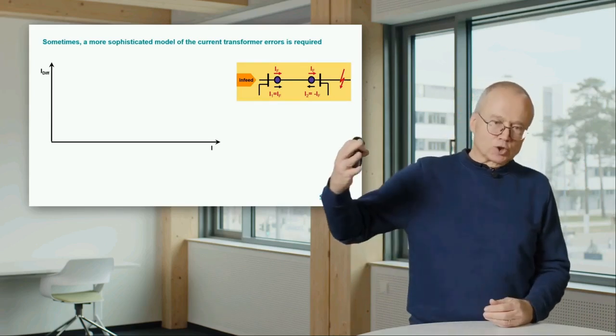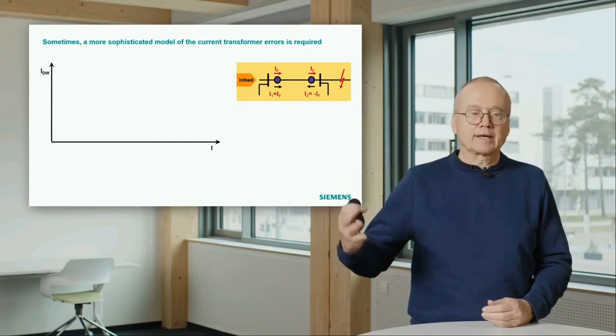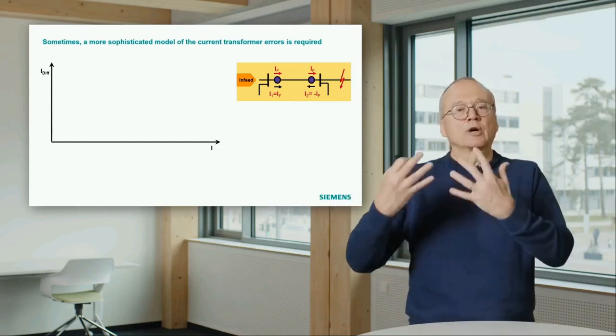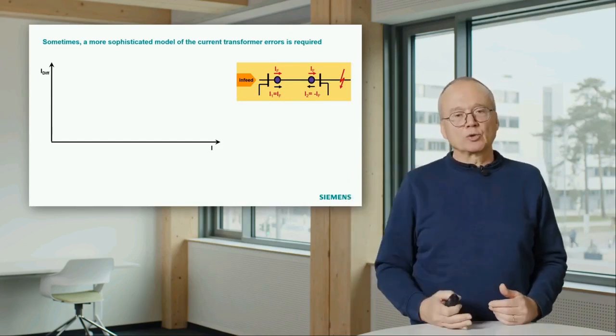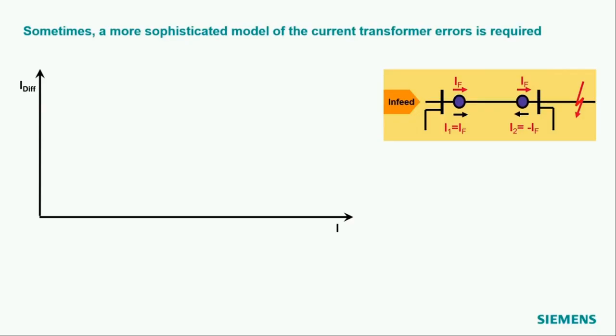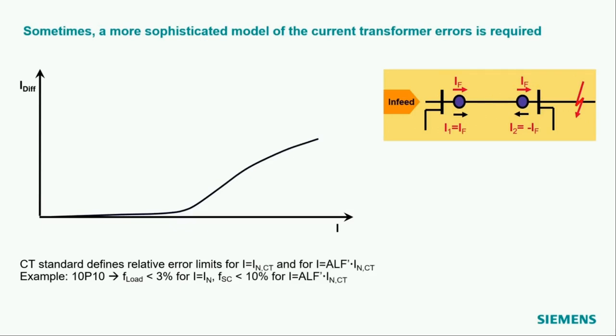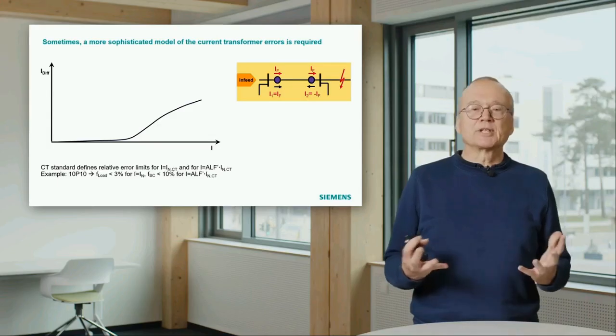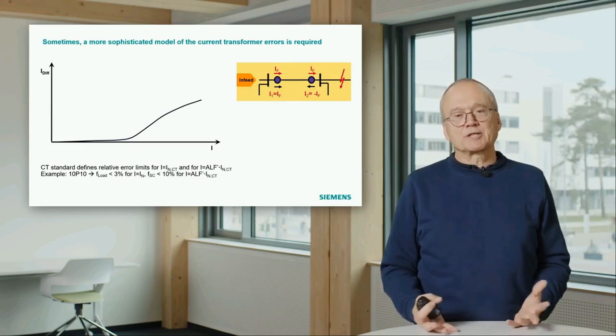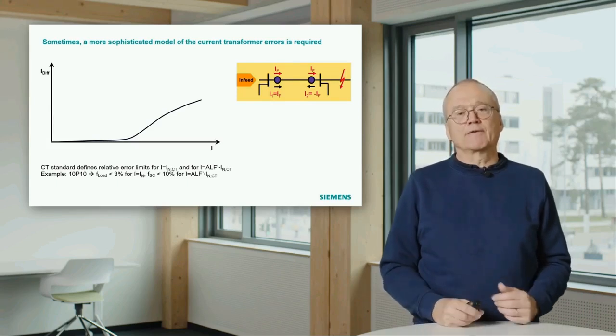And if you have short circuit currents, if you have higher currents, then the relative error can go up to 10% or even higher if you have very high currents. That means the error curve of a current transformer, and from that also the possible differential current resulting from that, looks like that. And that cannot really be described just by one simple error value.